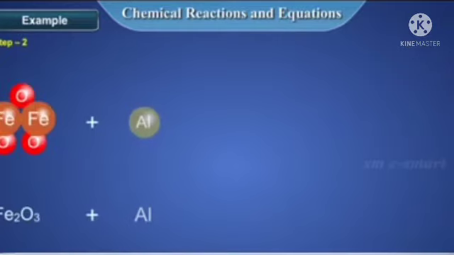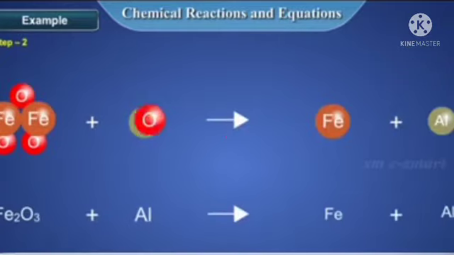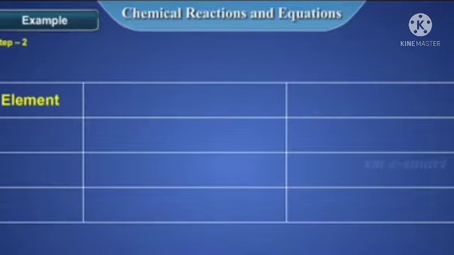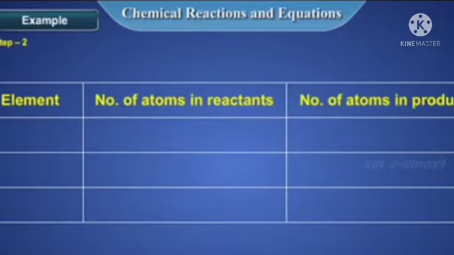Step 2. Find the suitable coefficients for the reactants and products to equate the number of atoms of each element on both sides. Element, number of atoms in reactants and in products. Iron: 2 in reactants, 1 in products.